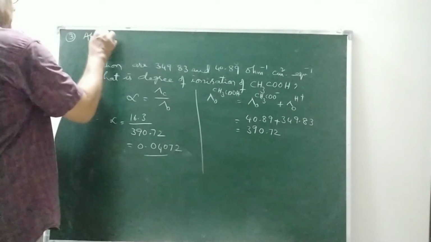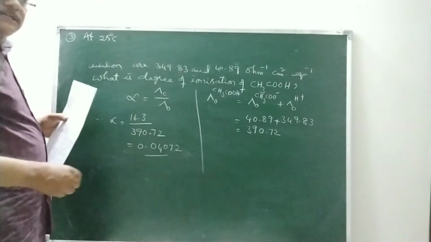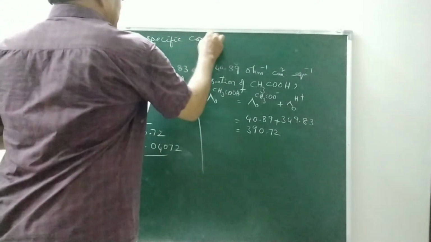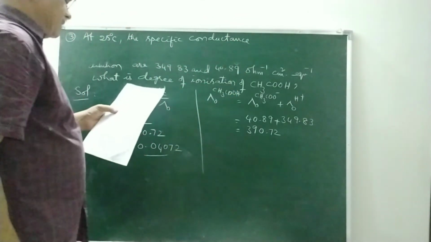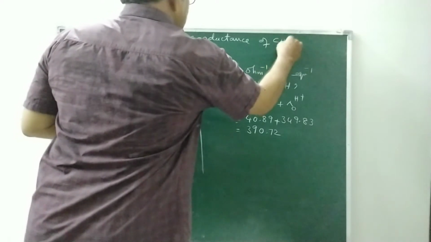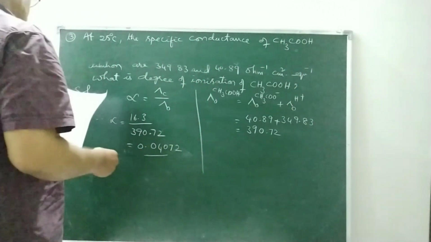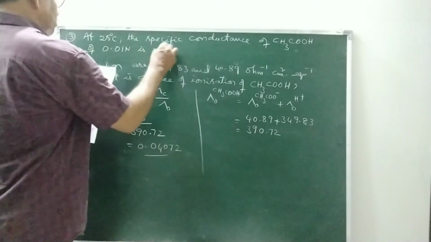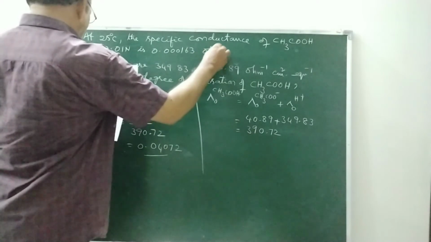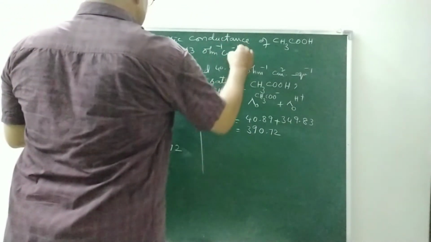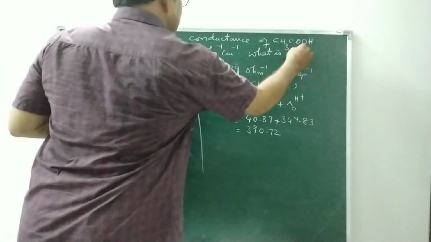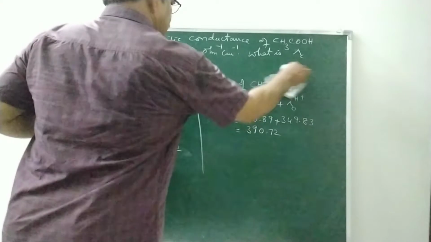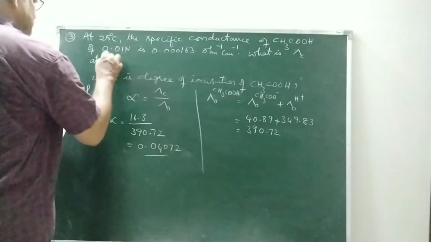At 25 degrees Celsius, the specific conductance of CH3COOH of concentration 0.01 N is 0.30163 ohm inverse centimeter inverse. What is lambda C at this concentration?